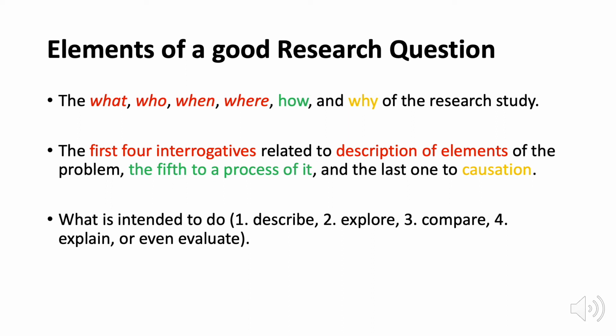The keywords are what, who, when, where, how, and why. You can see that the first four interrogatives are related to the description of elements of the problem. The fifth one is about the process, whereas the last one is related to causation. We'll discuss them in the next few slides.